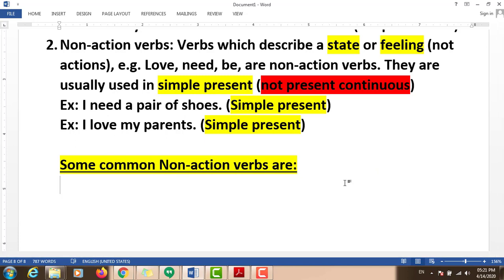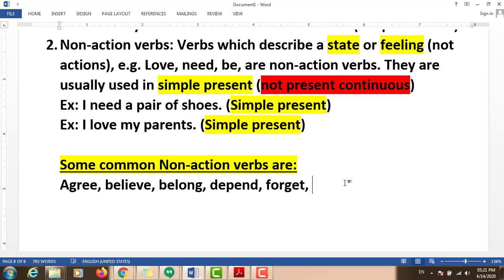So they are agree, believe, belong. These all are usually used in what? In simple present, guys. You can use them in simple present.